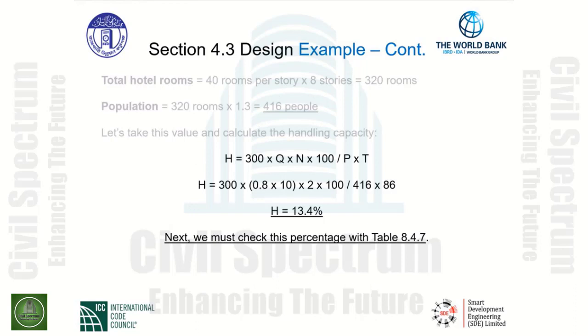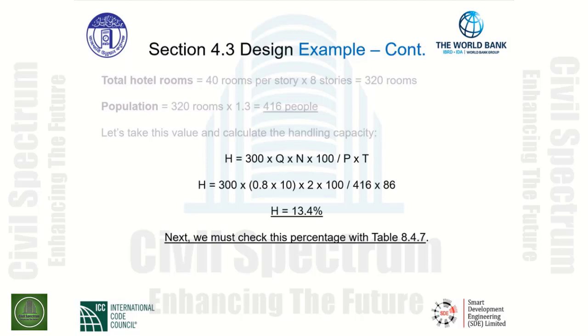Continuing our example, we will now input the variables. We solve this equation as H equals 300 times 0.8 times 10 times 2 would be the N variable times 100.